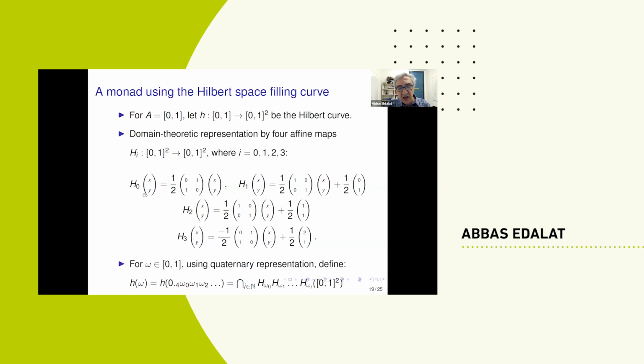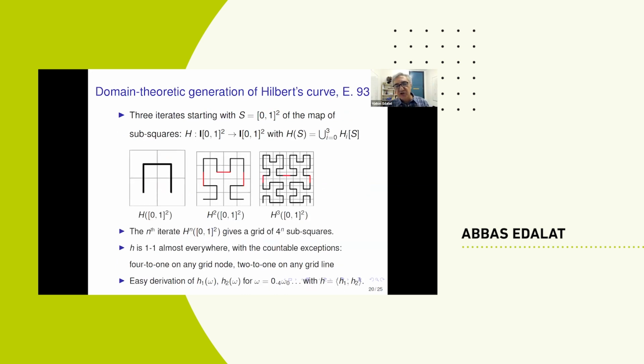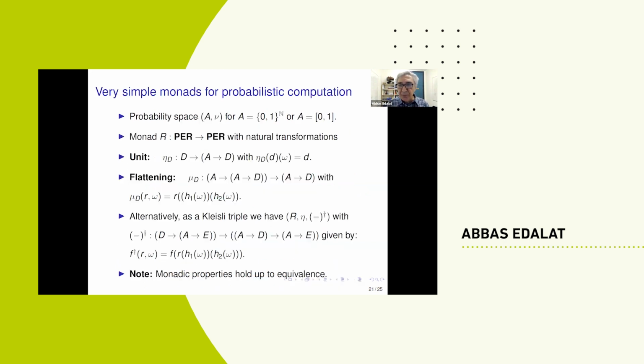These are affine maps that just contract and rotate or reflect. They're very simple maps. And there's a domain-theoretic representation of this that we can use to get better and better approximations to the Hilbert curve. I'm going to skip this.